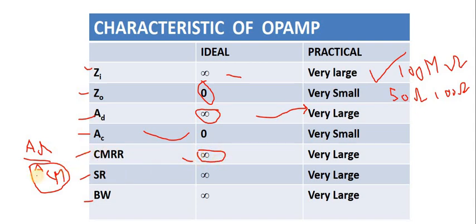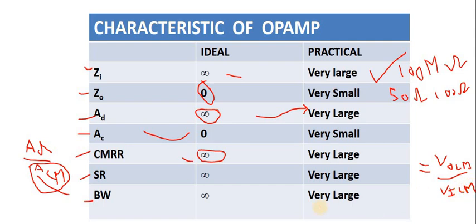Now what is ACM? ACM is the common mode gain, or you can say it is the output common mode voltage, VOCM, divided by the input common mode voltage.